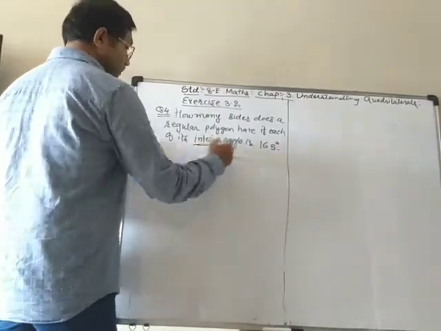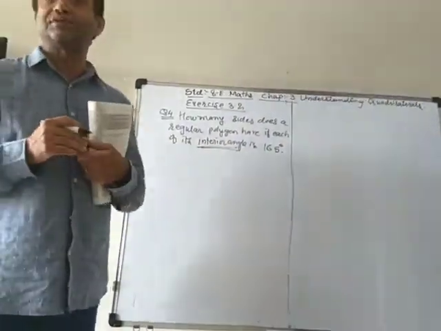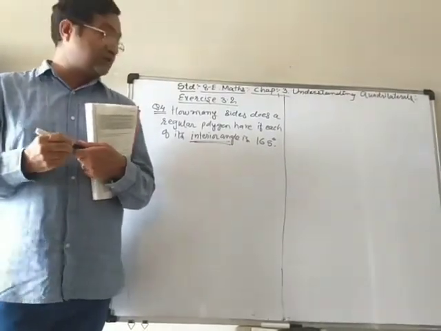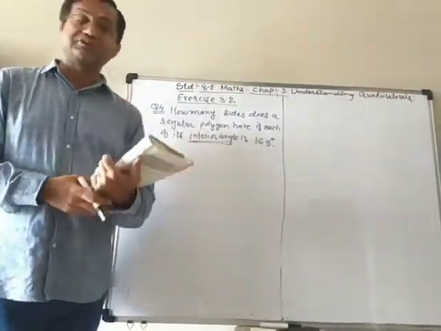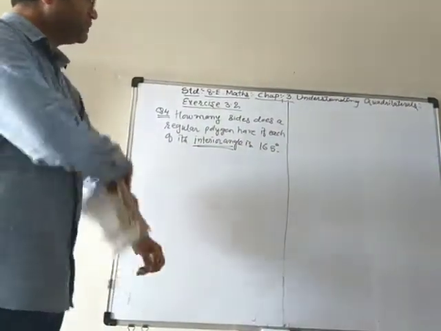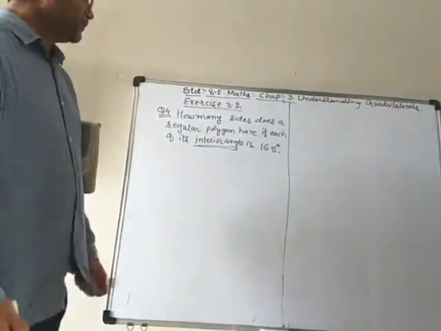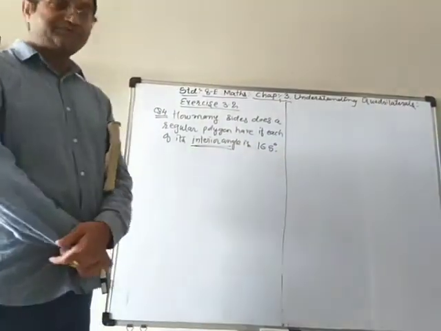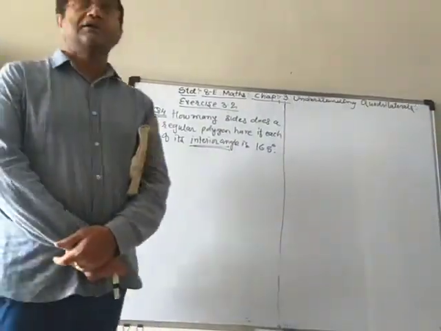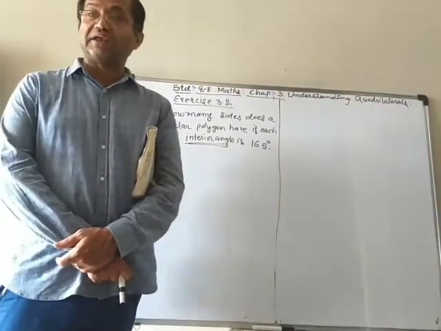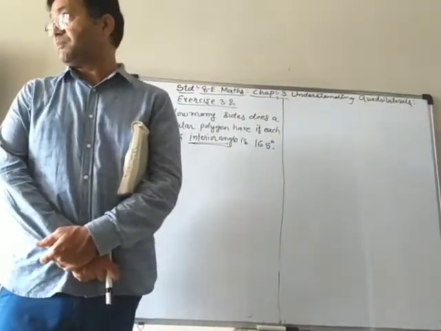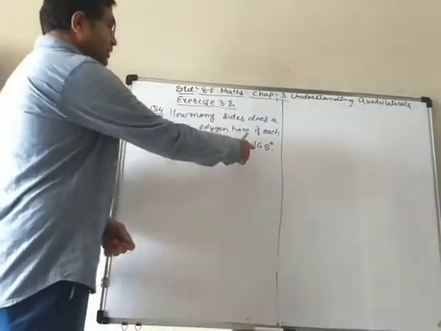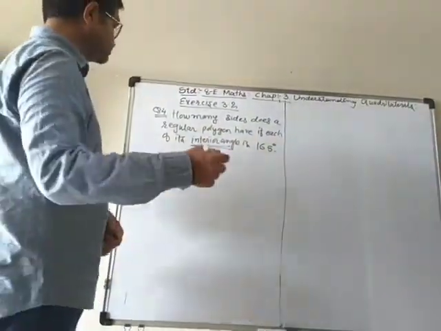Here, very important, interior angle is given. So it is not the exterior angle, so we cannot use the same thing that we used in the previous sums. First of all, we have to find the exterior angle, because this property that the sum of all exterior angles is 360 degree. So we have to first find out the value of the exterior angle.